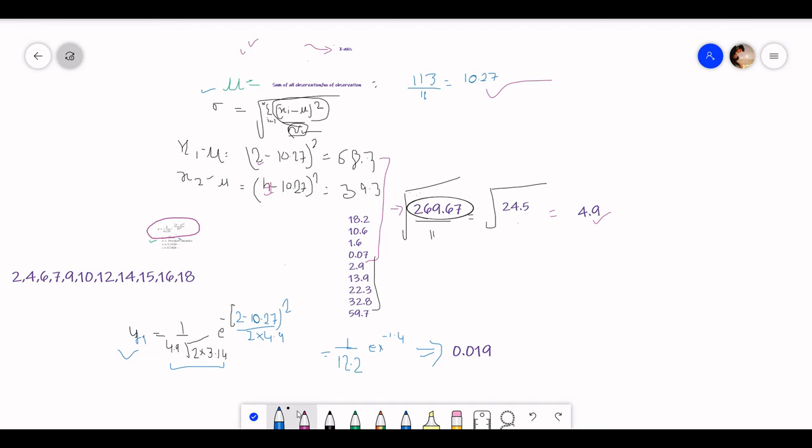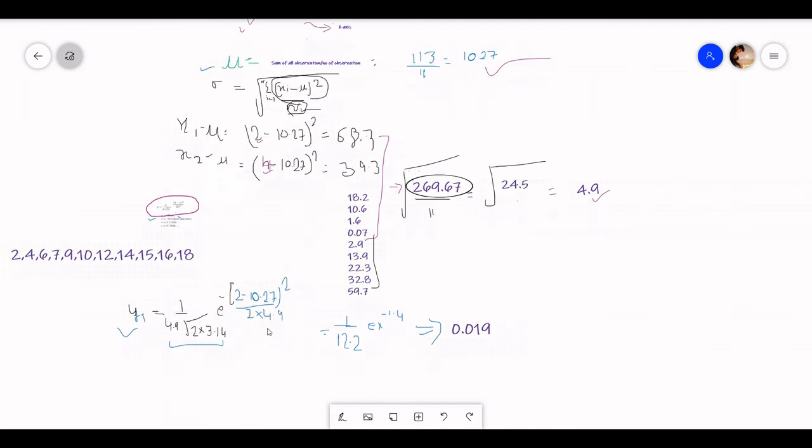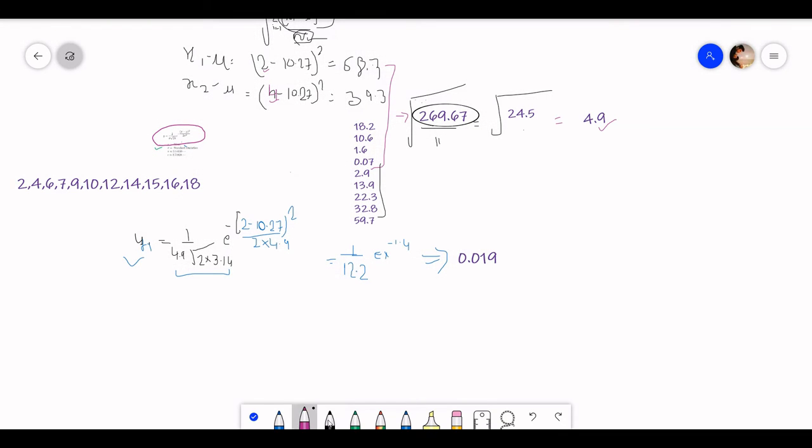Similarly, we have to find y2. For y2, we have to replace our 2 with 4, and for y3 we replace it with 6. Then we place 7, 9, then 10, then 12, and so on.